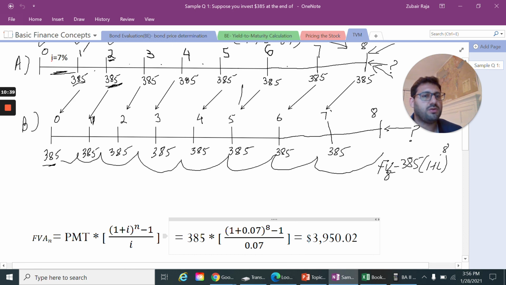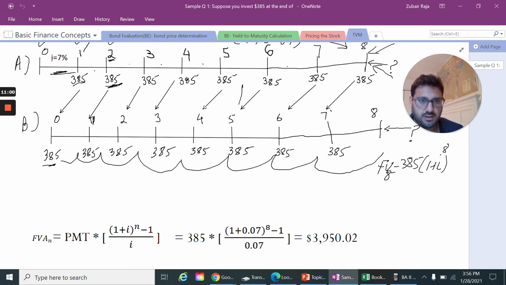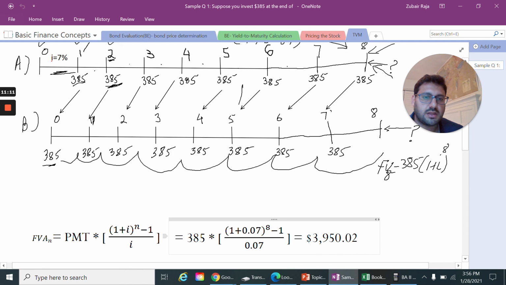And if you calculate it, you will find that the answer is $3,950.02. So it means that at 7% interest compounded annually, if the person is investing $385 at the end of every year for 8 years, the future value of all these cash flows becomes 3,950.02 in scenario A, which is the ordinary annuity.